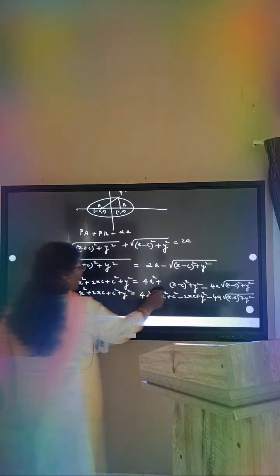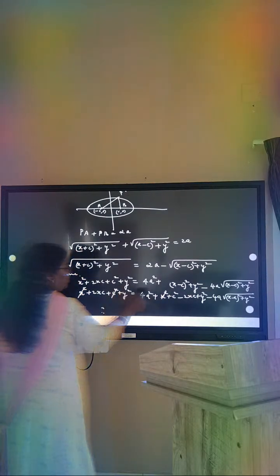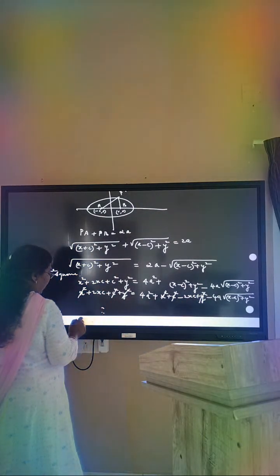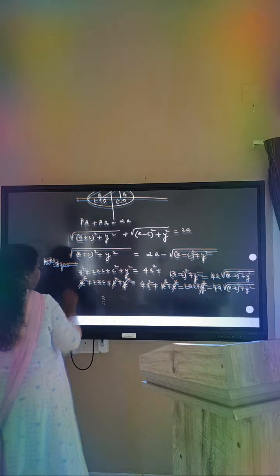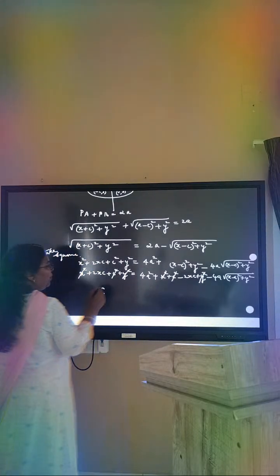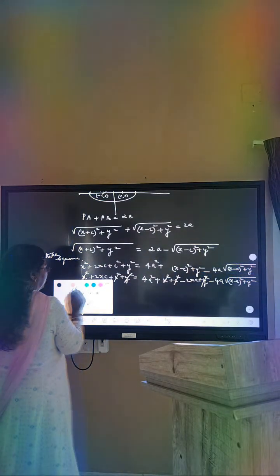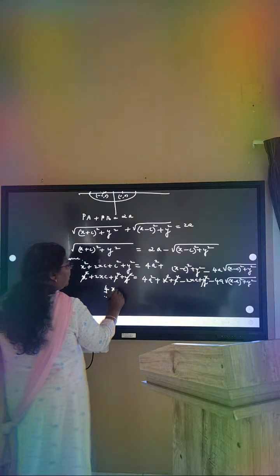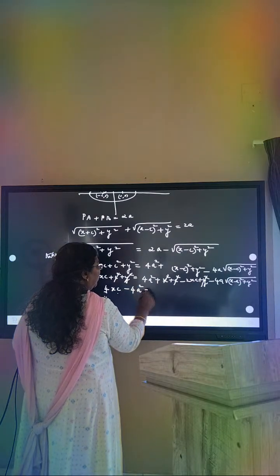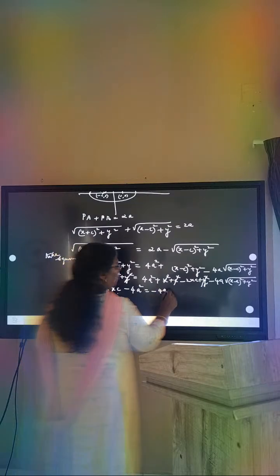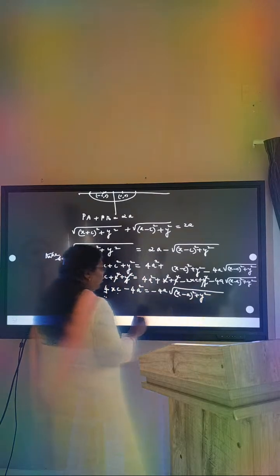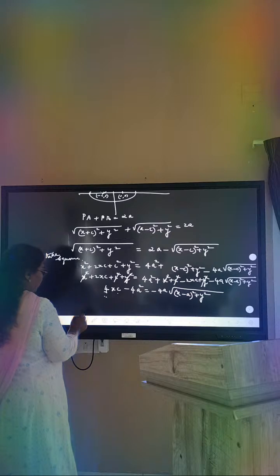The x square gets cancelled, and the c square and y square also cancel. Taking minus 2xc to this side, it becomes 4xc. So you get 4xc minus 4a square, and that is equal to minus 4a into the square root of (x minus c) the whole square plus y square. Again taking the square on both sides.